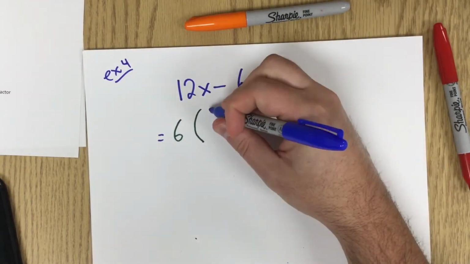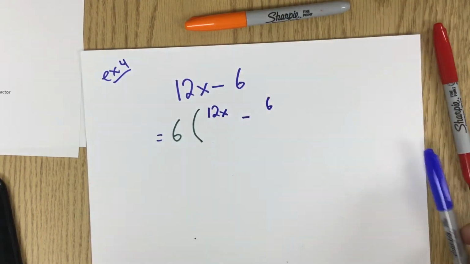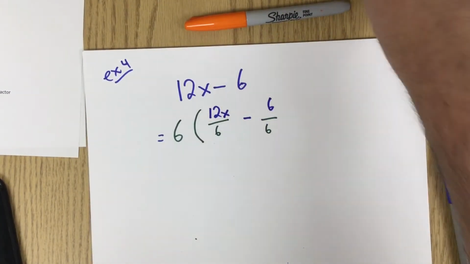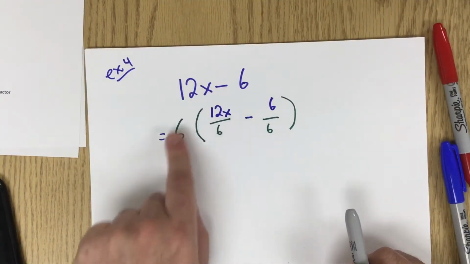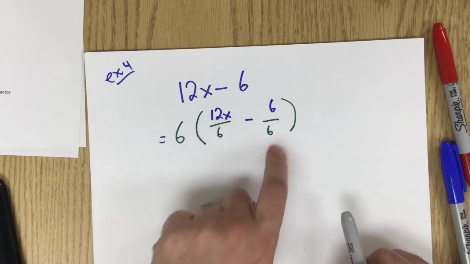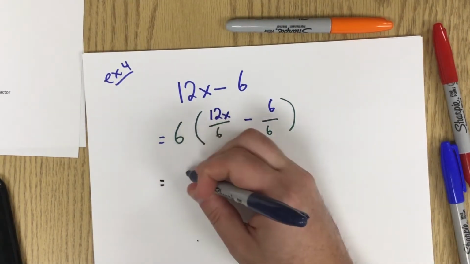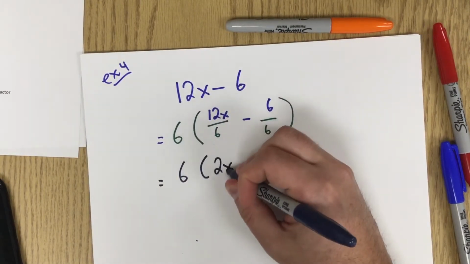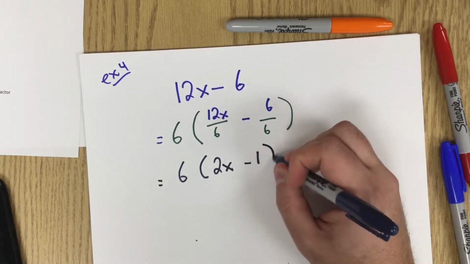And then we're going to take each term and divide it by that common factor. And what we get is 6 times 12 divided by 6 is 2x, and 6 divided by 6 is 1.